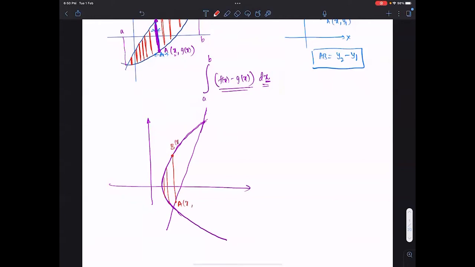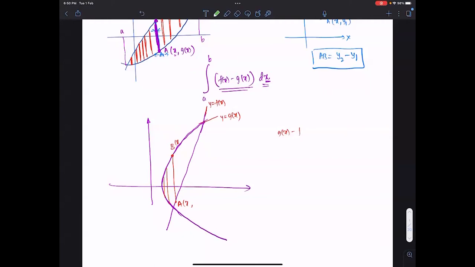Now, what is the height of this rectangle if I ask you? If this line function is f of x and the parabola is, let's say, g of x, you can't say it is g of x minus f of x, because there are some rectangles here whose above and below points are not the same kind, the below one is not on the line. So there is a discontinuity.